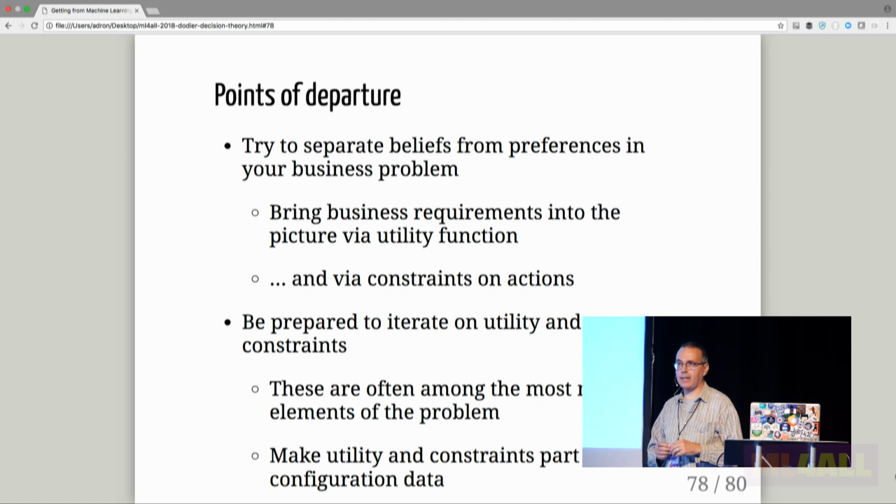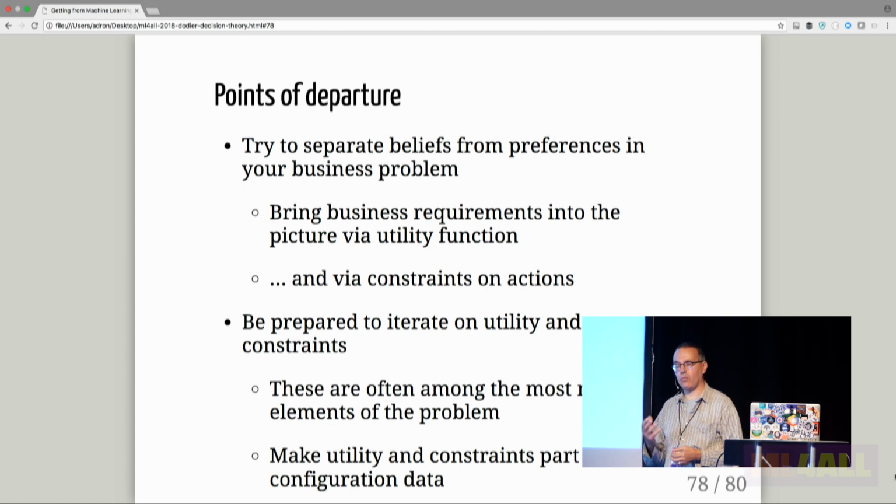I believe that in many cases the utilities and the set of possible actions are things that are very changeable in a real-world problem-solving context. What you consider the possibilities will change, and as you learn more about how the problem works, you may assess utilities differently.